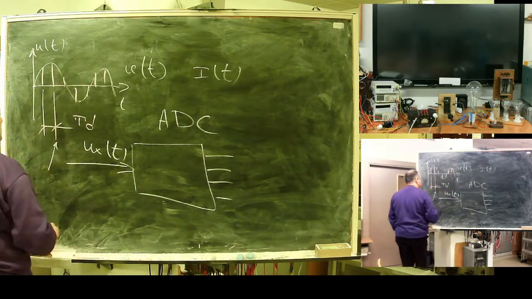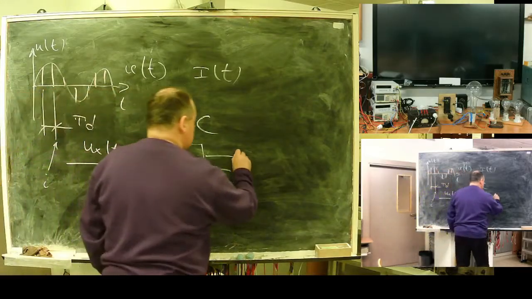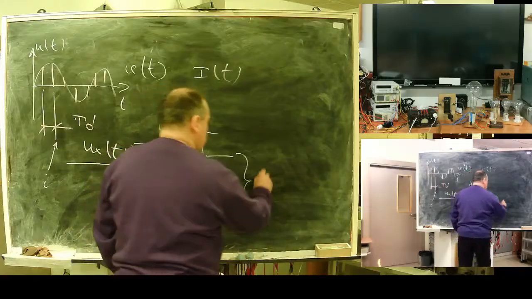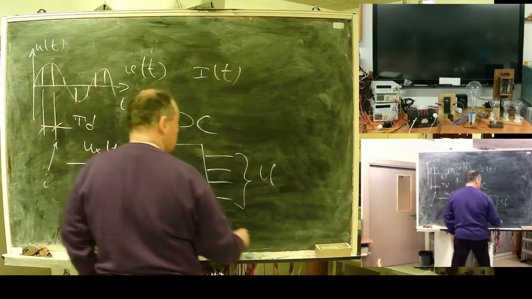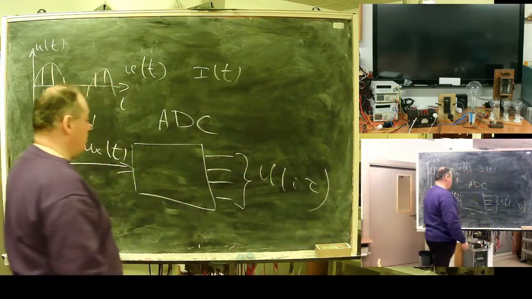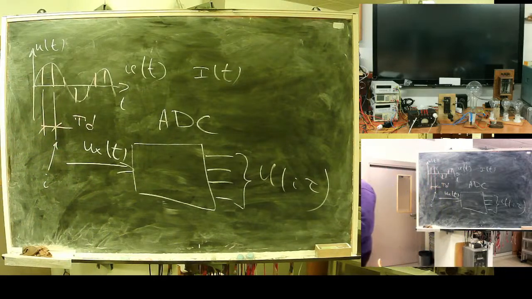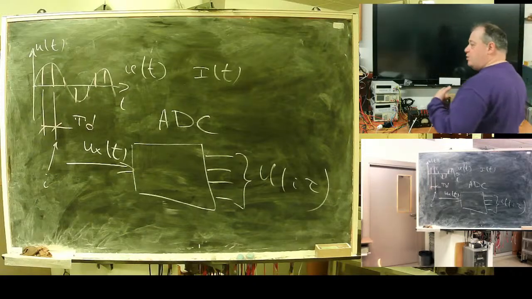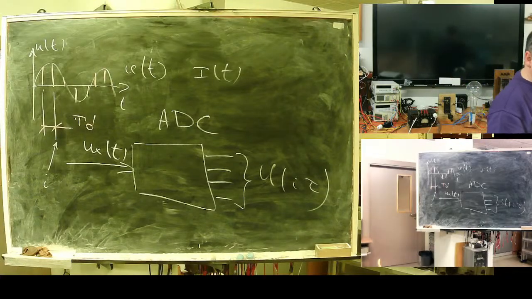If this is sample, let's say I, this binary data will be the voltage at sampling time, let's say I tau. The ADC has an analog signal on input and will produce for us its digital representation.